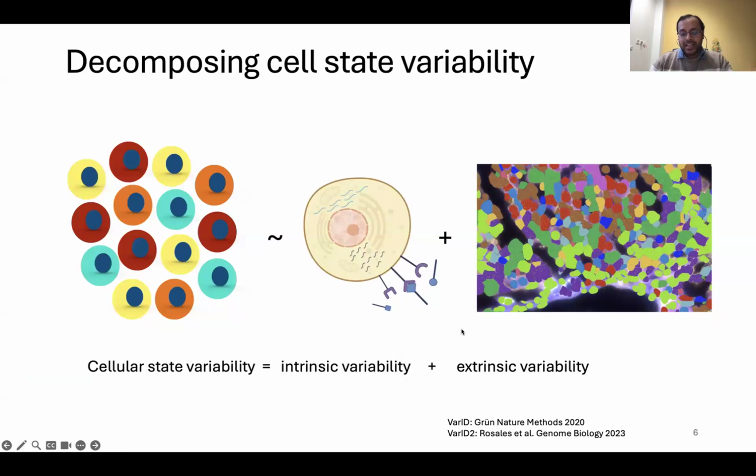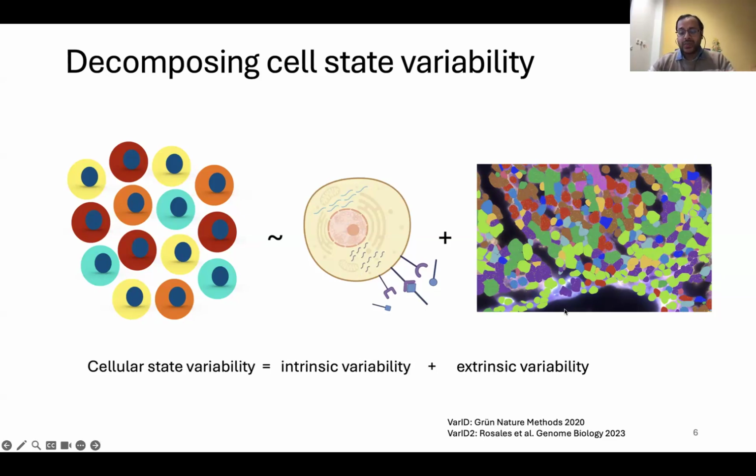Overall, cell state from the transcriptomics measurement can be defined into intrinsic variability and extrinsic variability. The intrinsic variability comes from transcription factor binding sites on the chromatin, where the transcription factor turns on and off, binds, and gives a gene expression noise signal.